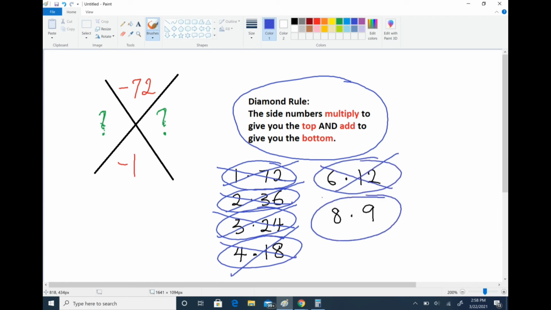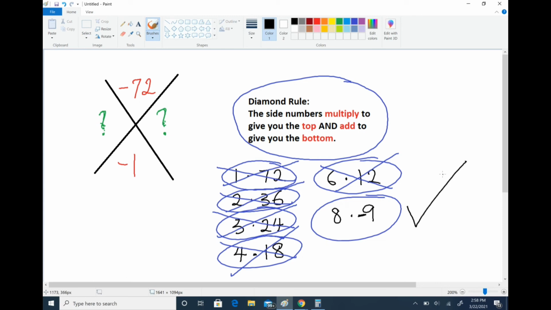Now let's look at this last one. Is there any way that I can put a negative on either the 8 or 9 to be able to add to get -1, since I know that it will multiply to give me -72? Well, yes, there is. If you put the negative on the 9, now notice what happens. 8 times -9 gives you -72, and 8 plus -9, or just 8 minus 9, gives me -1.